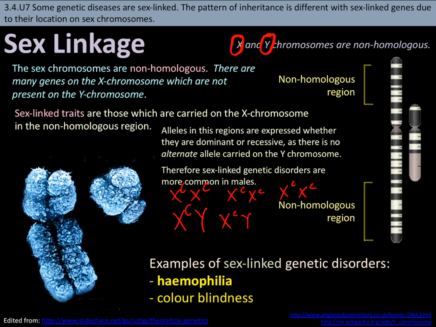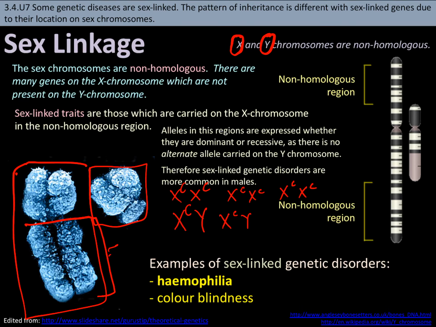It is present only on the X chromosome first, and where it is present it is non-homologous. As we know, the Y chromosome is smaller than the X chromosome, and in this non-homologous portion a few genetic disorders are present. When these genetic disorders are present, they don't need another allele.